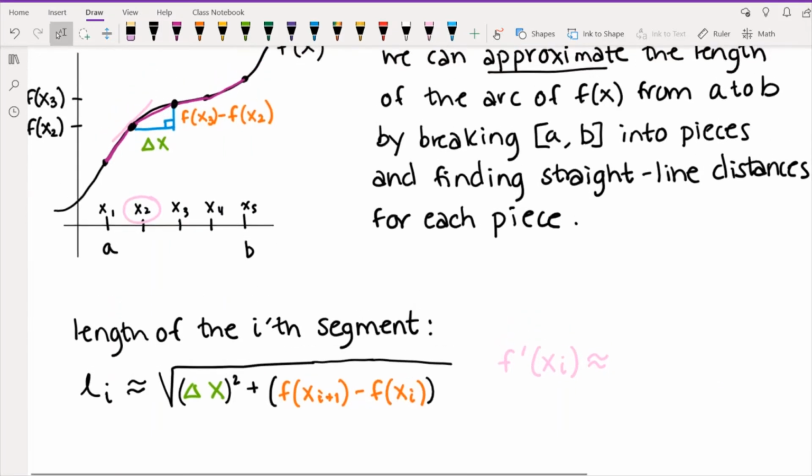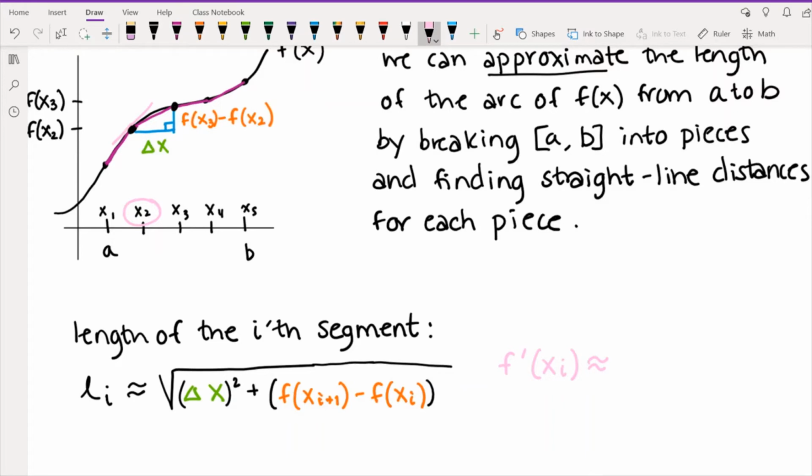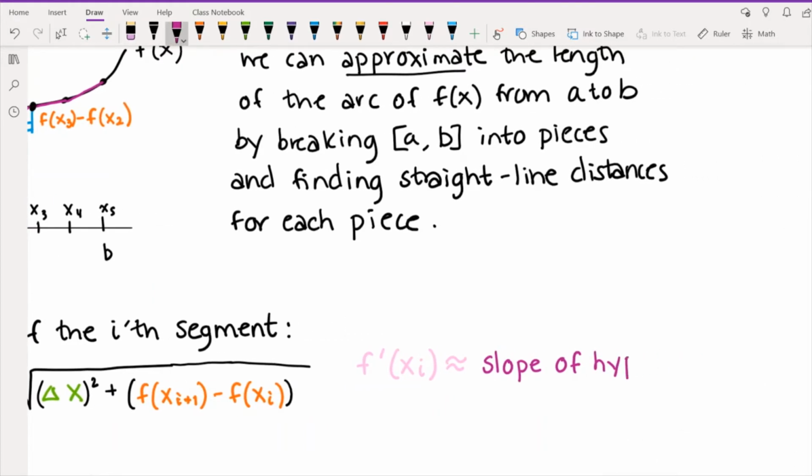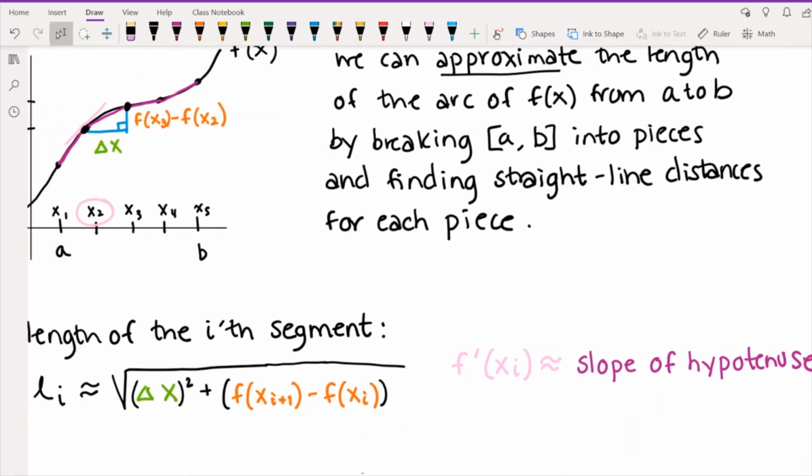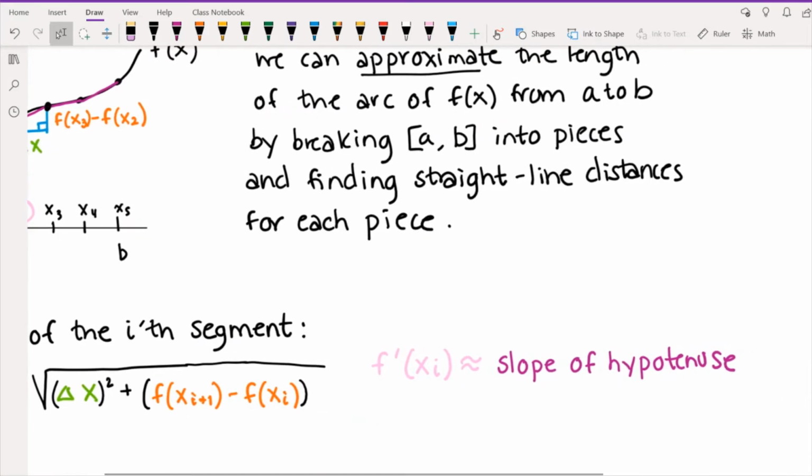So how would you find the slope of this hypotenuse? Maybe I'll even write that down. The slope of the hypotenuse. Well, you would do change in y over change in x, right? So that would be f of xi plus 1 minus f of xi, divided by delta x.